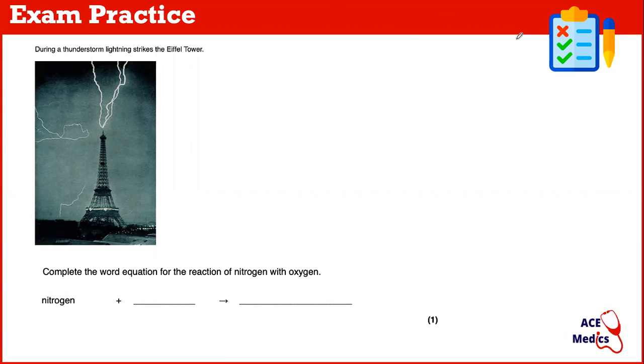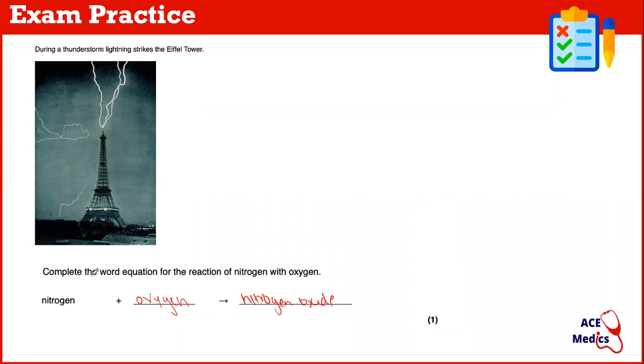Write your answers in the chat. So remember, we talked about the fact that, okay, nitrogen plus oxygen, so those are our reactants. Yeah, and then our product will be, equals, nitrogen oxide. Excellent, good, yeah. So our product will be nitrogen oxide.